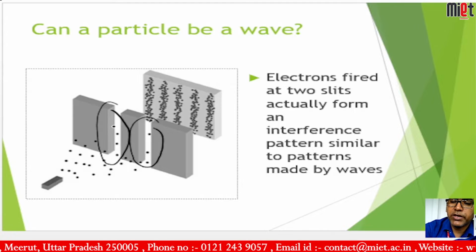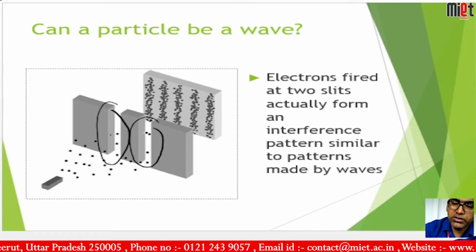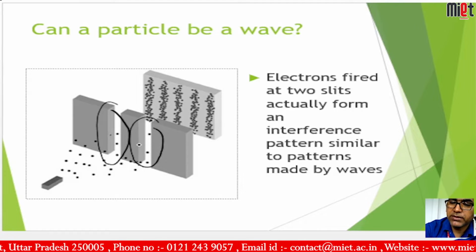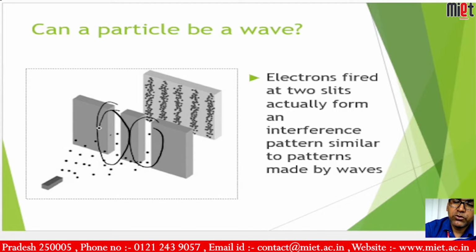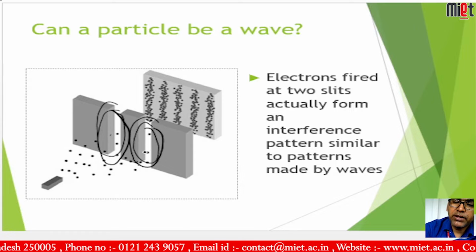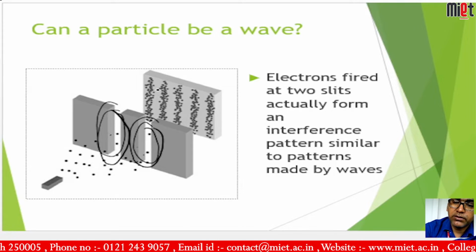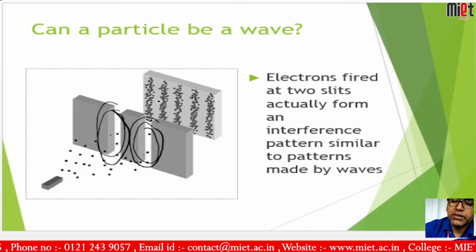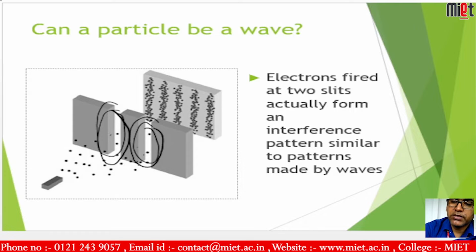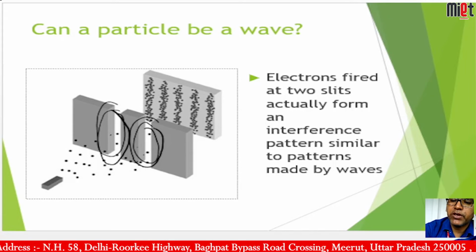These openings are called slits. Electrons are fired through these two openings, and their behavior is recorded on a screen. It was found that the fired electrons behaved just as different electromagnetic waves interfere with each other.